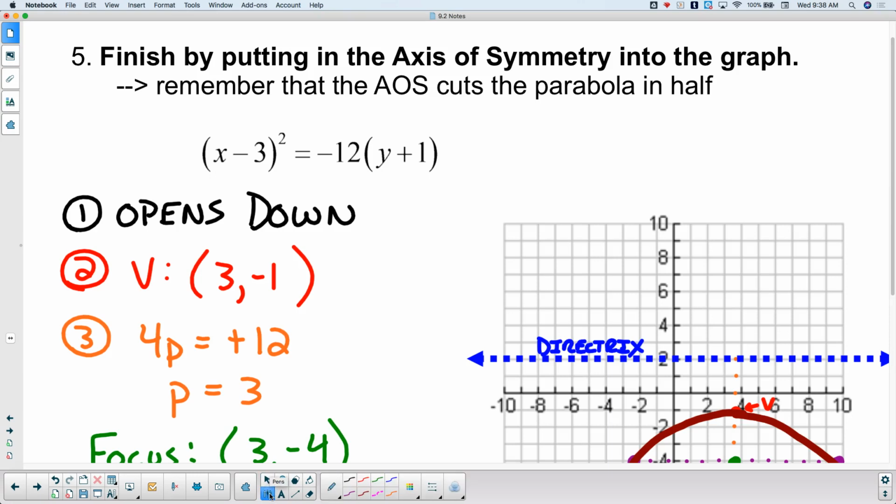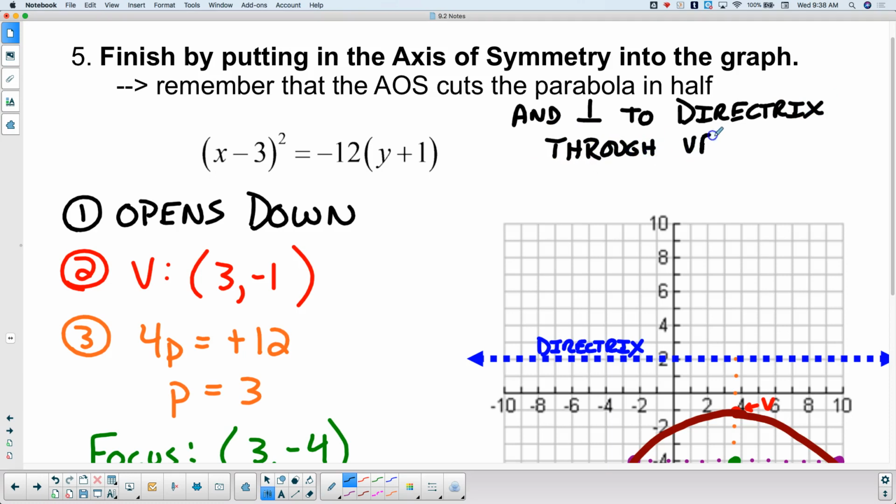What color haven't I used yet? Black. And perpendicular to the directrix. Through the vertex and the focus.